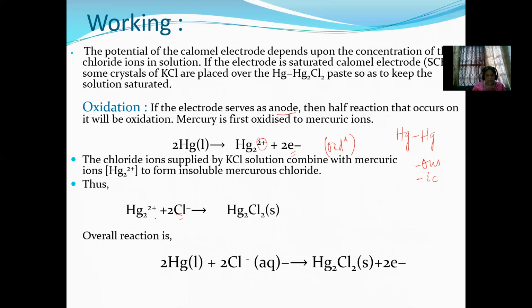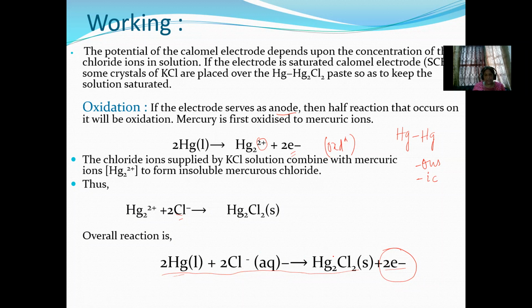Okay, so the mercurous ion reacts with the chloride ion to form Hg2Cl2, mercurous chloride. So this is the anodic reaction. You can see the electrons are liberated after all these steps. The net reaction is mercury reacts with chloride to produce Hg2Cl2 and 2 electrons are liberated.